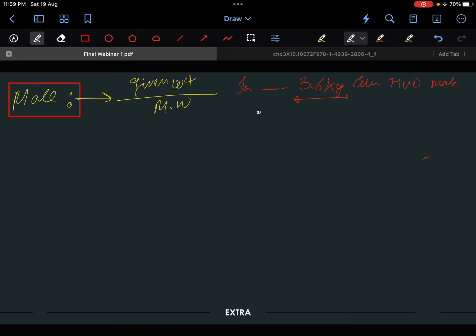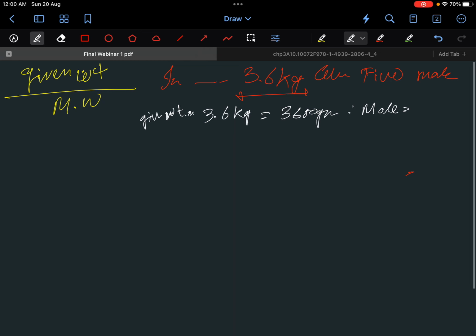Let me solve this one. 3.6 kg is 3600 grams. So the mole is the given weight divided by the molecular weight of that molecule, and this is why we need to remember the molecular weights.